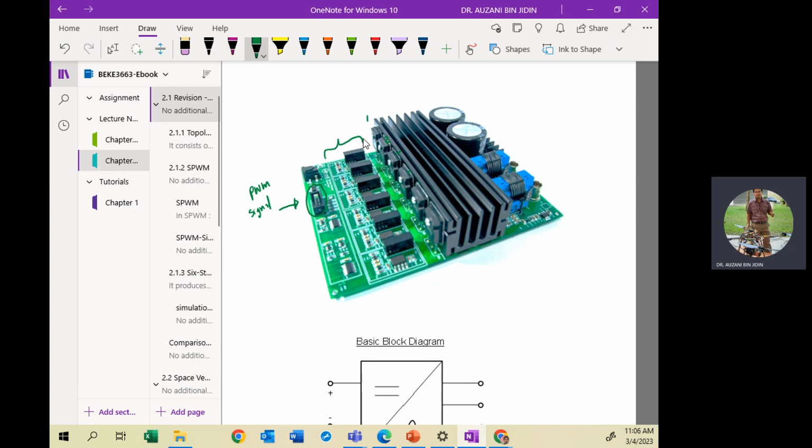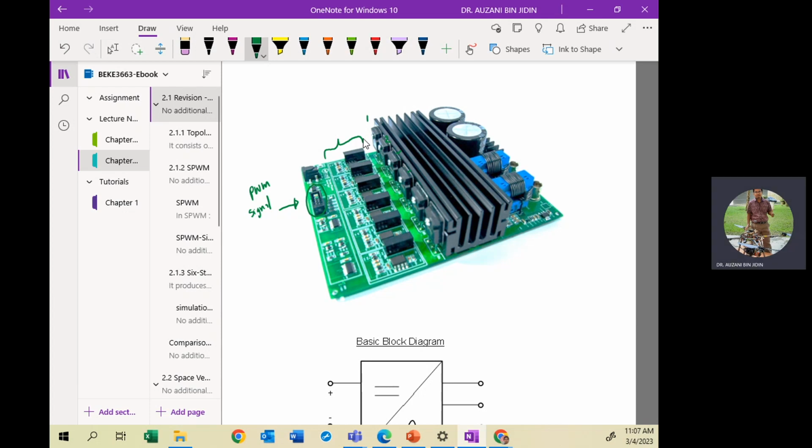So you must have the gate driver to amplify the signal. For example, the controller provides 5 volt or 3.3 volt. In order to turn on the switch, you must step up to 15 volt. It must also provide sufficient current. In other words, you must provide a sufficient power level, voltage and current.